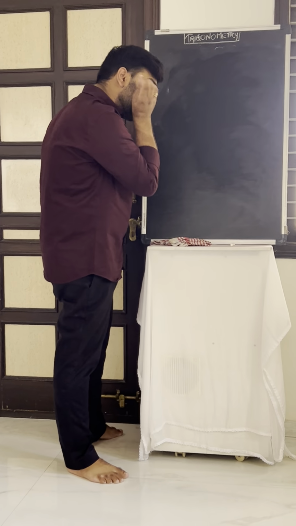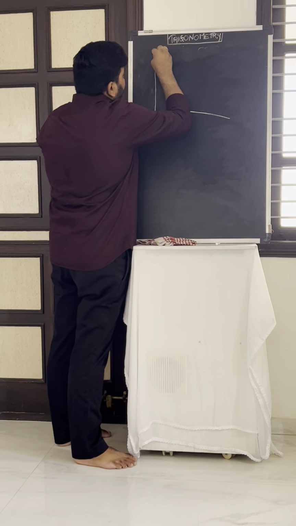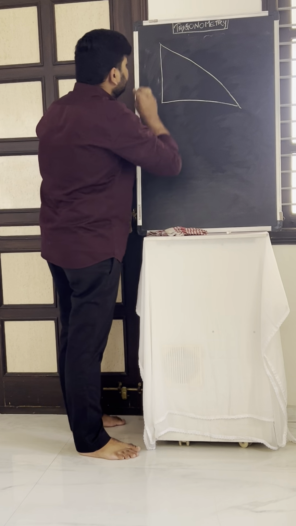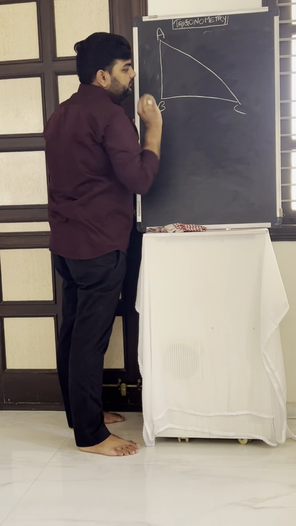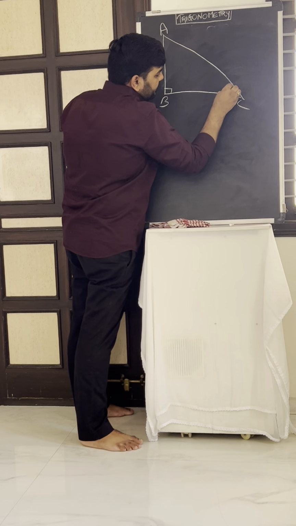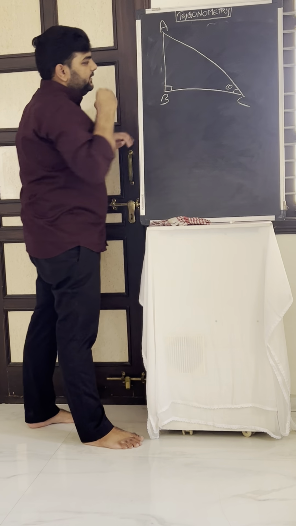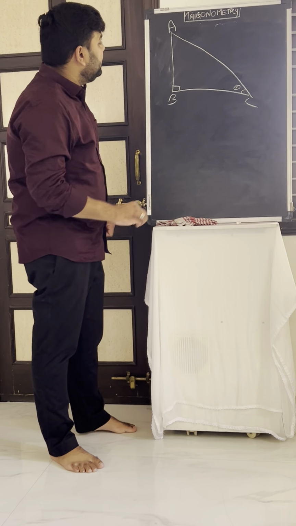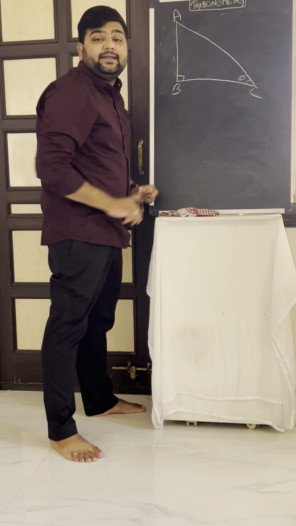For that, let us take a right angle triangle. For time being, we will name each and every side A, B and C. For time being, let us suppose this angle is theta. Now understand this thing really carefully. There is one side which is always greater than the other two sides in a right angle triangle.